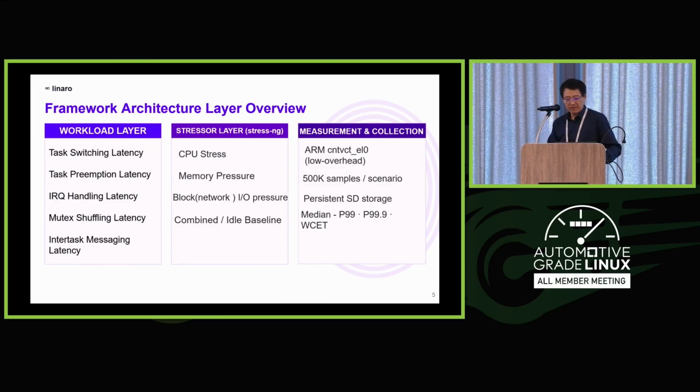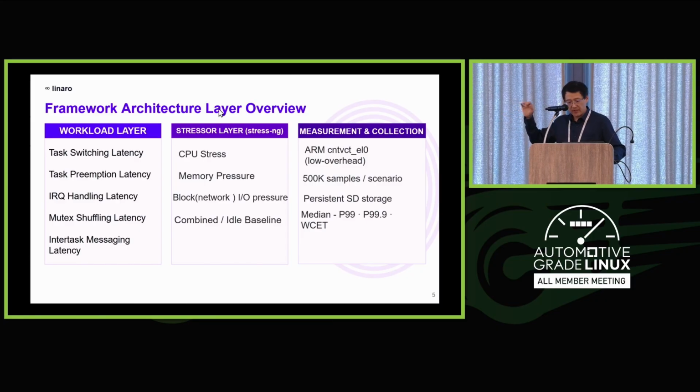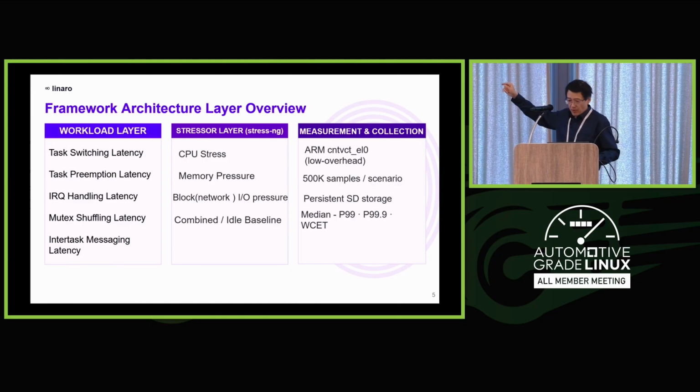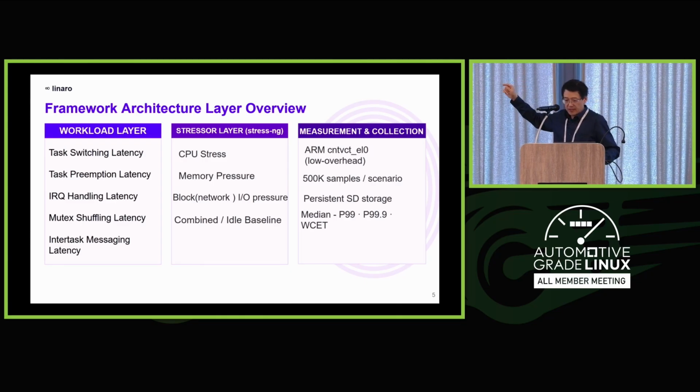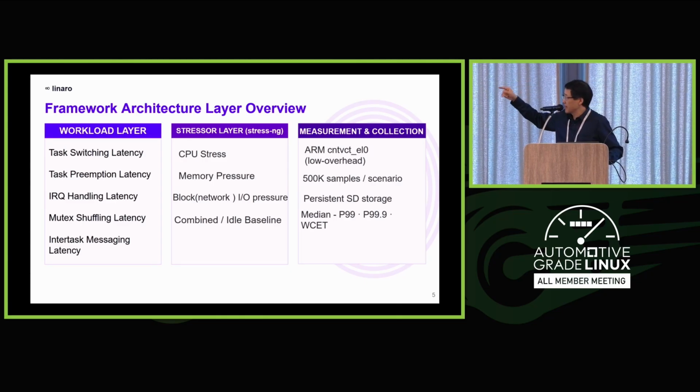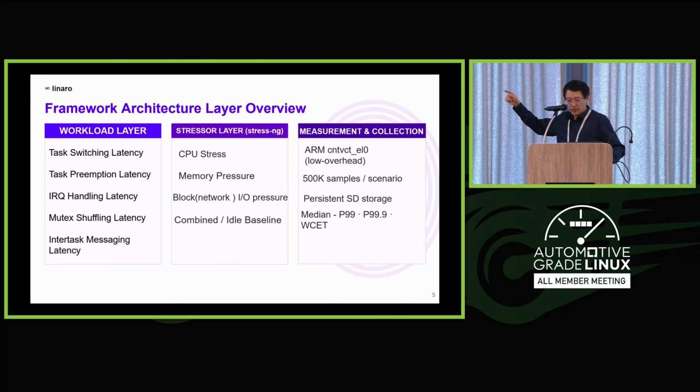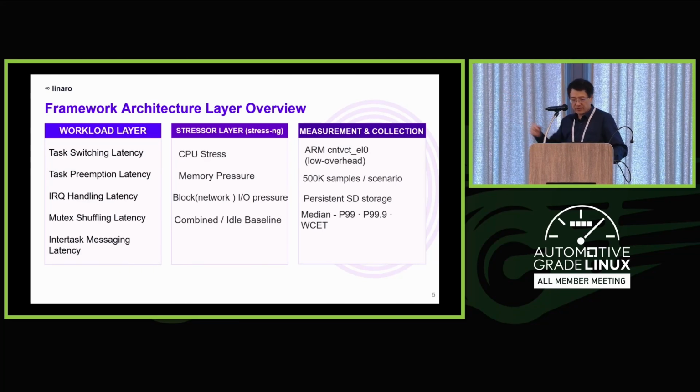And we have a stress ledger, which generates different combinations of stress to simulate the noisy neighbor to the safety application, and also some other important techniques we're using, and how we present the final data in P99, P99.9, and worst case.